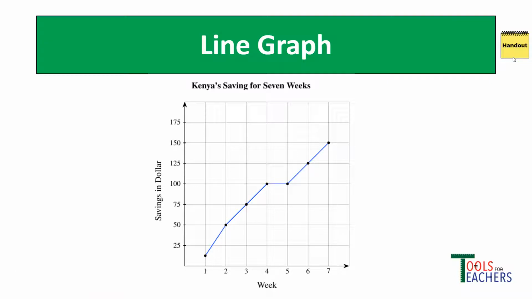One axis keeps track of the units of time and the other axis keeps track of the amount being measured. The title of this graph tells us it shows us Kenya's savings for 7 weeks. It's important to have a good title for a line graph so that those who view the graph understand the type of data being shown.